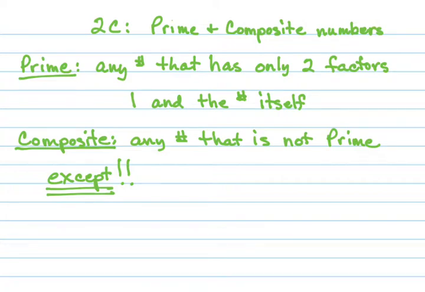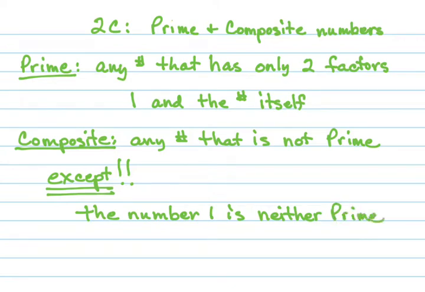All right. The number 1 is neither prime nor composite, because it is the only number that has only one factor.